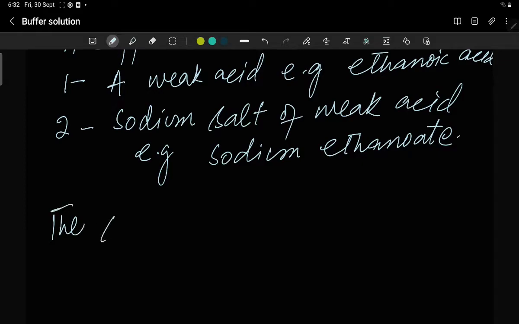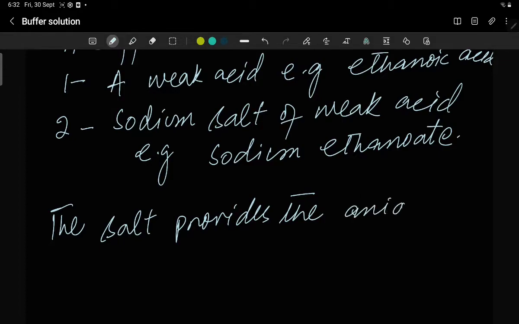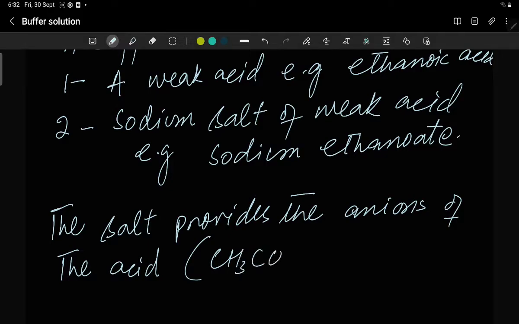The salt provides the anions of the acid, CH3CO2 negative, ethanoate.